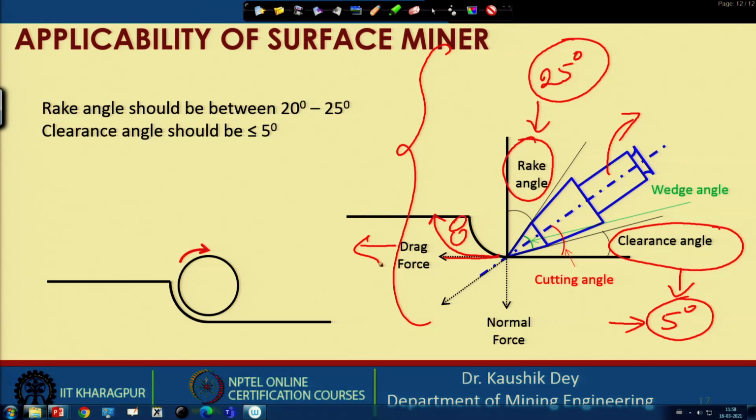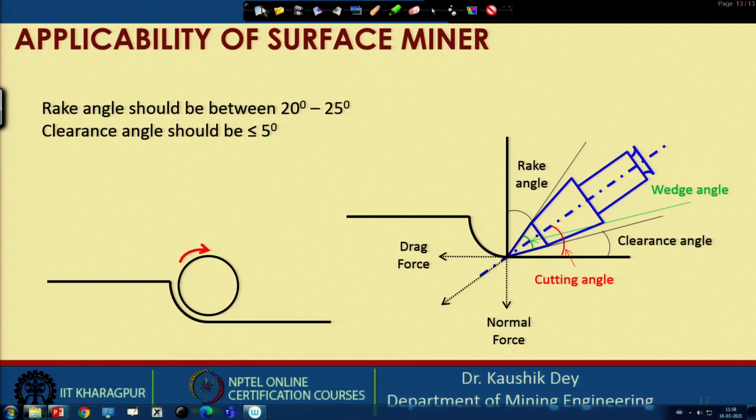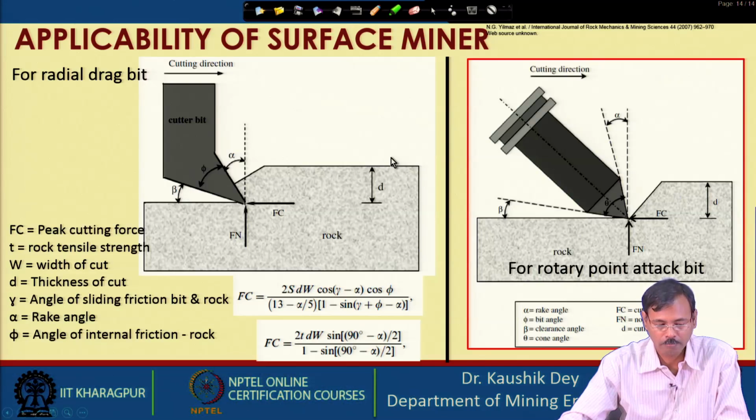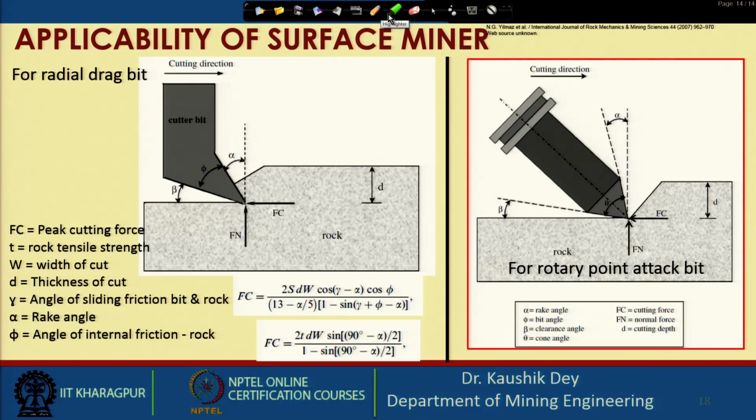These are important parts that have to be taken care of while selecting the machine and the cutting system for a surface miner. And this is another picture giving the details of the surface miner working principle.